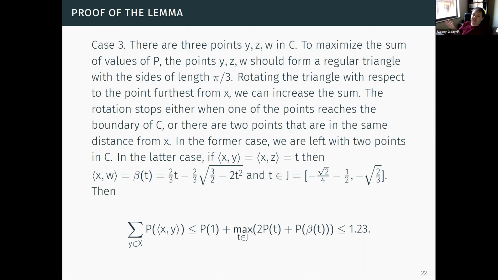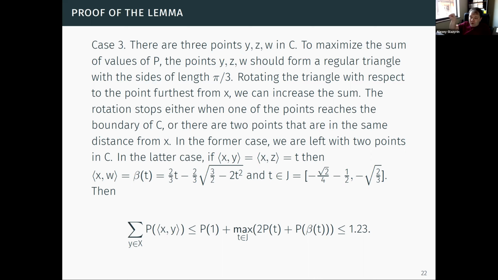Then the rotation is going to stop in 2 cases. One is when you rotate the triangle and 1 point reaches the boundary of the cap. But then we lose this point, because if it reaches the boundary, the value of this point becomes negative, and we need to take into account only 2 points. The other situation is when the second point becomes the point on the same distance from x.